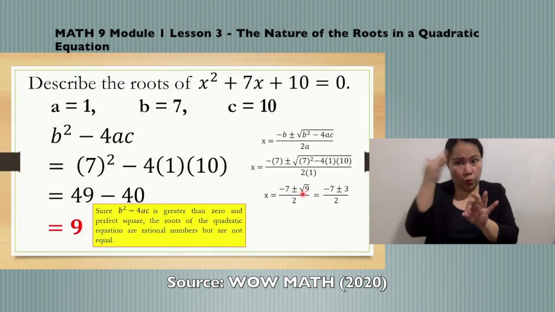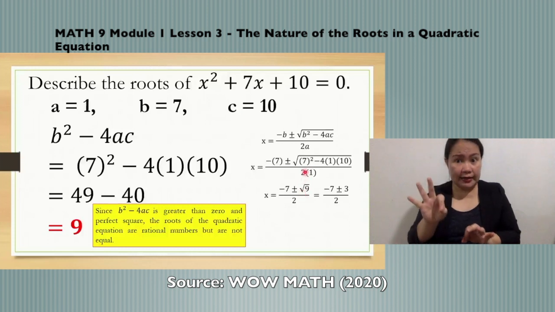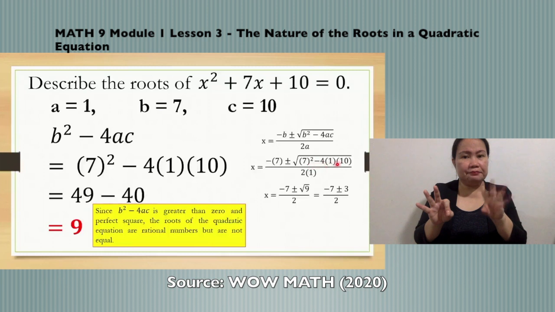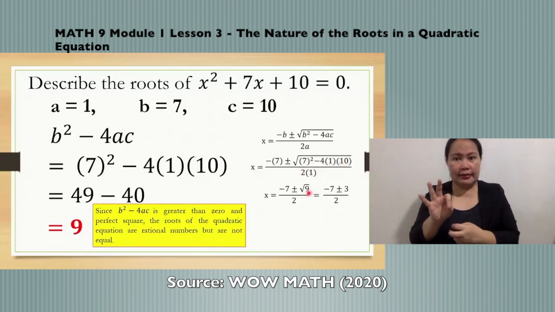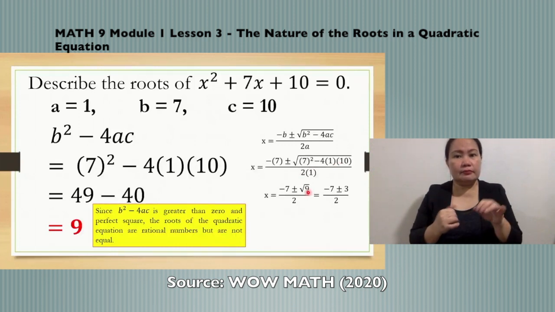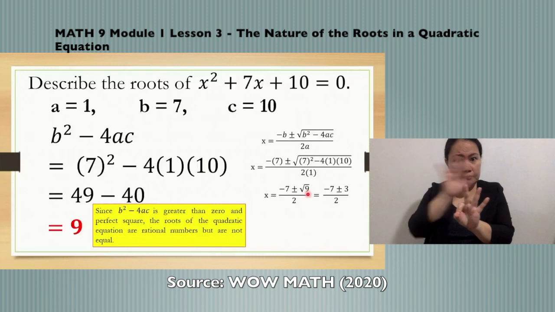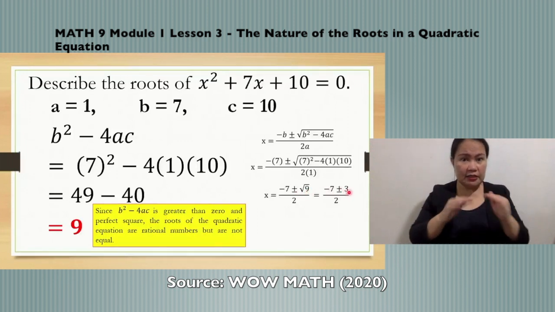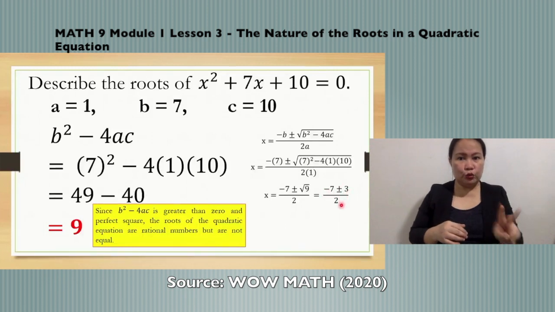Why? Because 49, so ito ay magiging minus 4 times 10. This is 40. So 49 minus 40, that is 9. So diniretso na natin. So now, square root of 9 is a perfect square. So we will have negative 7, positive or negative 3 over 2.